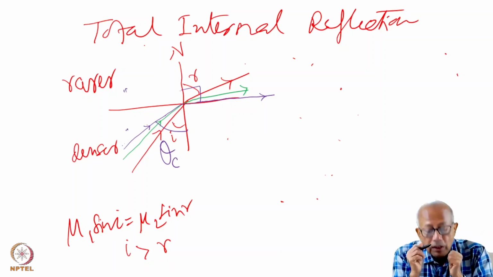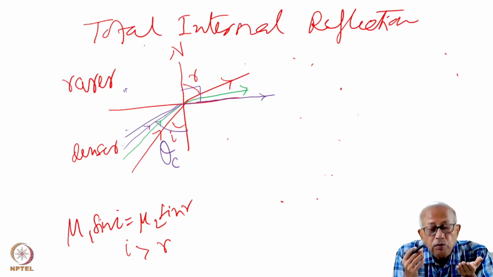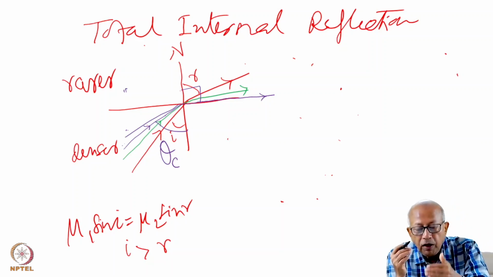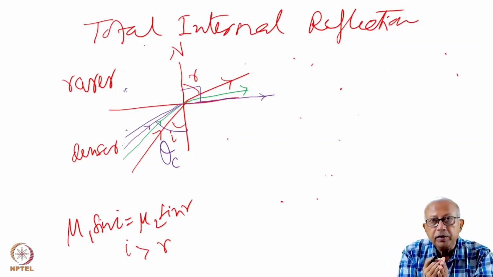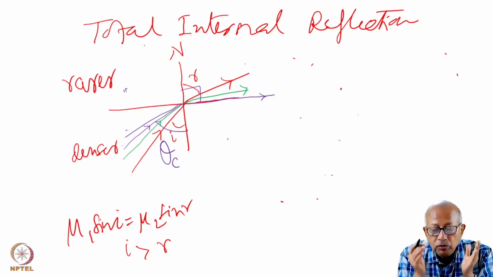So now you see, if you increase the angle of incidence just a little, there is no more scope for light to be refracted, because the angle of refraction has already reached the maximum possible, that is 90 degrees. So then what will happen?